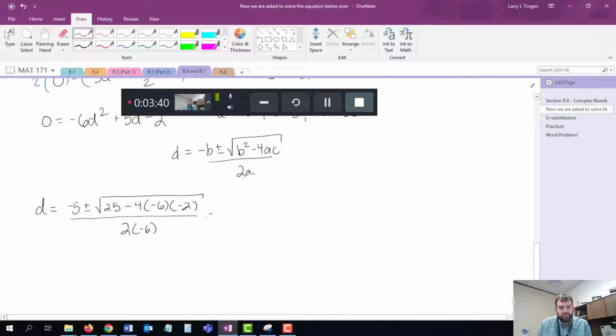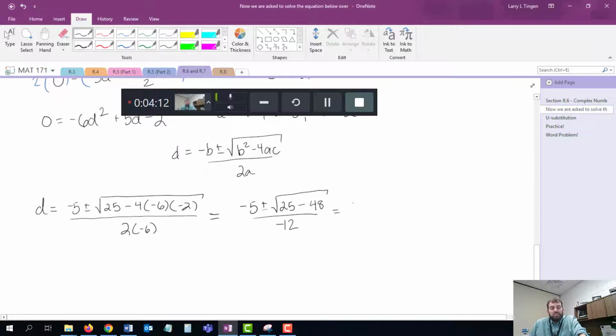So I'm just gonna continue with that form, negative 5 plus or minus the square root of 25. Now this is minus, and let's see, what are we subtracting? 4 times negative 6 is negative 24. Negative 24 times negative 2 is positive 48, so that is 25 minus 48 over negative 12.